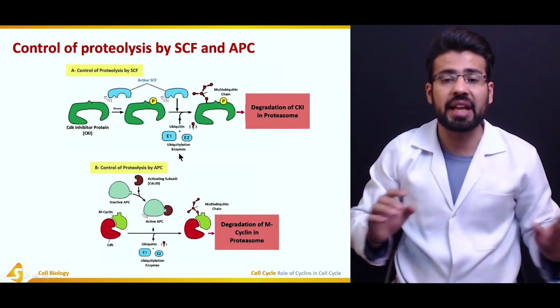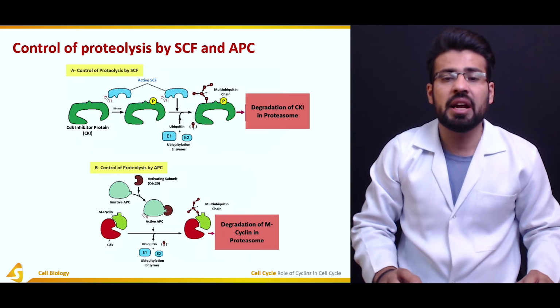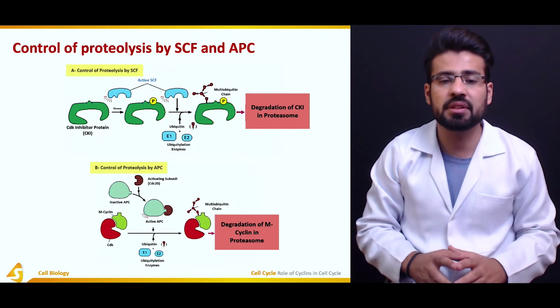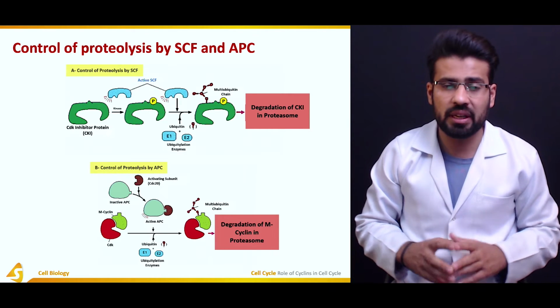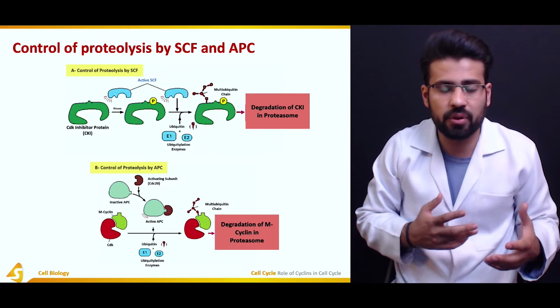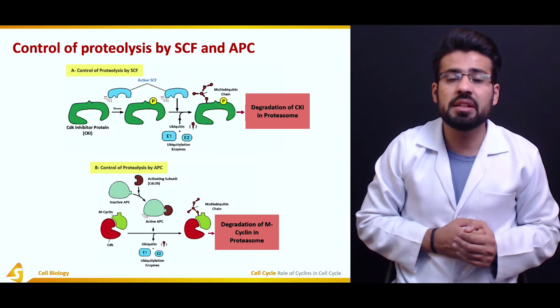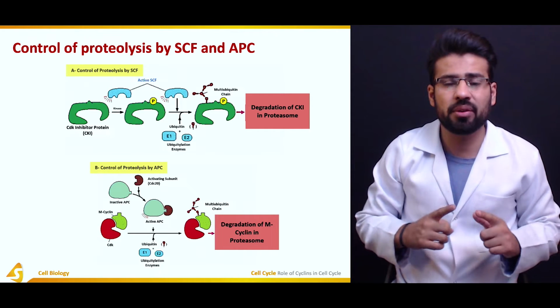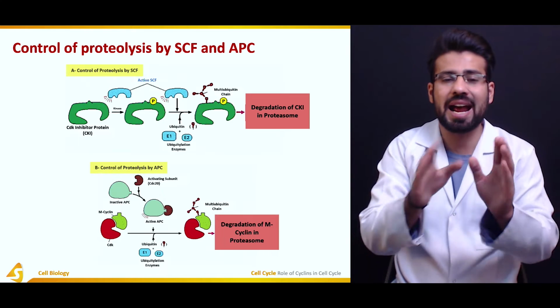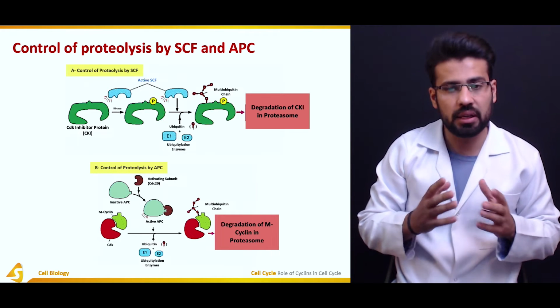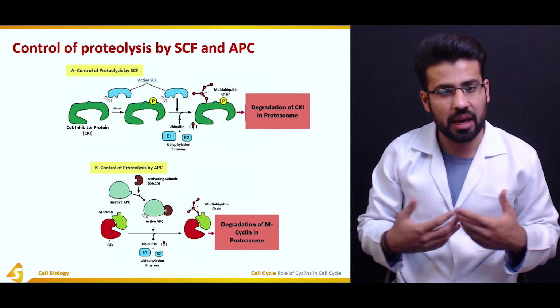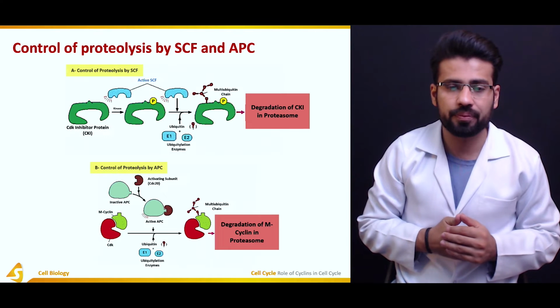They tag ubiquitin molecules onto the phosphorylated surface of the CDK inhibitor protein, CKI, or P27. This tagging results in polyubiquitinylation of the CKI, resulting in its degradation in the proteasome.